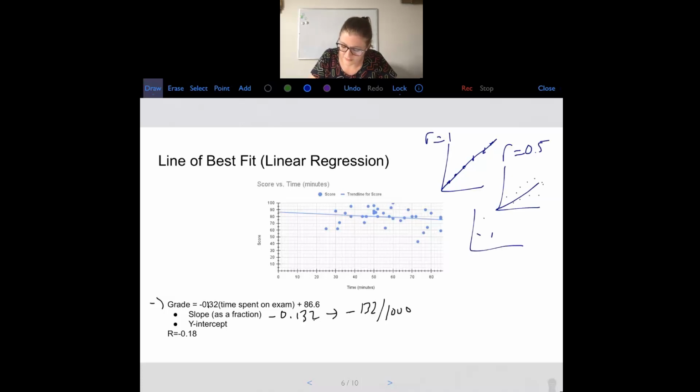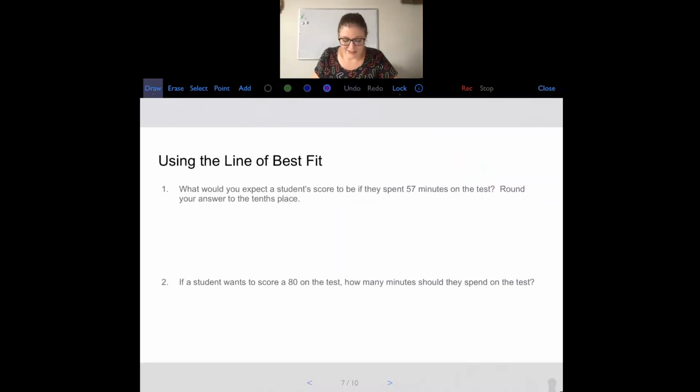If r is 0, there's no correlation at all. Negative 0.5 would look like this instead, or negative 1 would look like this instead. So if you do some type of regression, r is super important to tell us how strong or not the correlation is. In any case, the focus of the project is using the line of best fit.